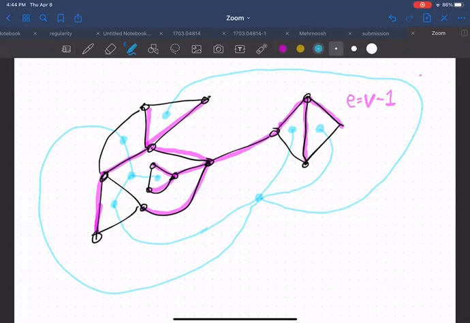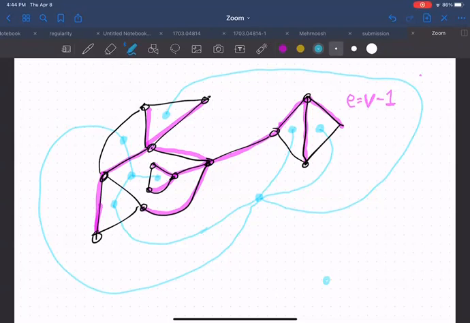But what kind of graph is it? Well, if you think about it for a little bit, you'll realize that the blue graph doesn't have any cycles. So why doesn't the blue graph have cycles?